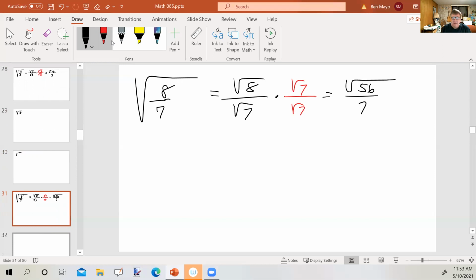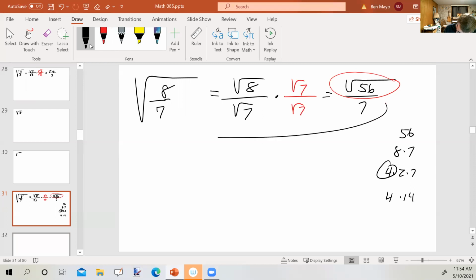However, if there's more things that we can do, we need to also do that. In other words, we can simplify the square root of 56 because 56 is 8 times 7, or 4 times 2 times 7. There's a square, so 4 times 14. So we'll write this as the square root of 4 times 14 over 7.